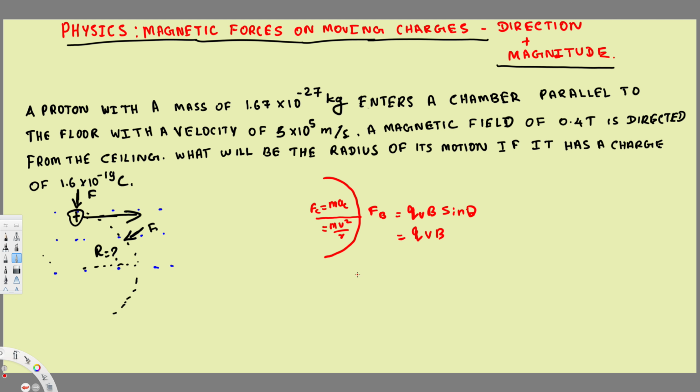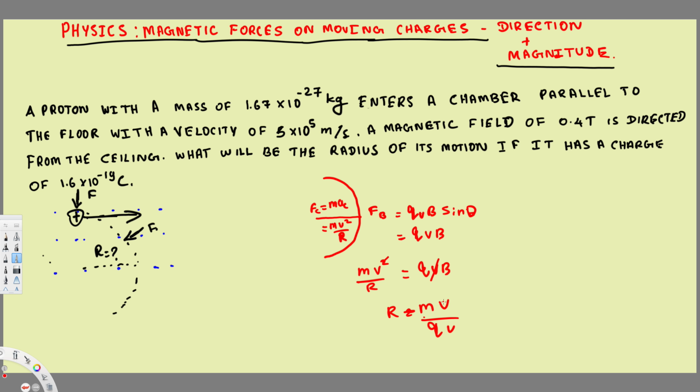Let's write the radius as a capital R. So mv squared over r is equal to qvB. We have velocity in both equations, so we can cancel one v. Our purpose is to find r, so r is going to be equal to mv over qB.